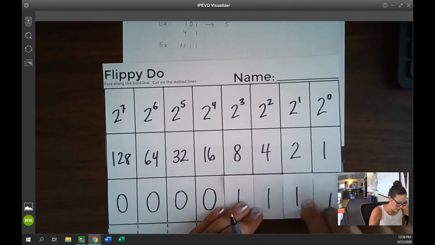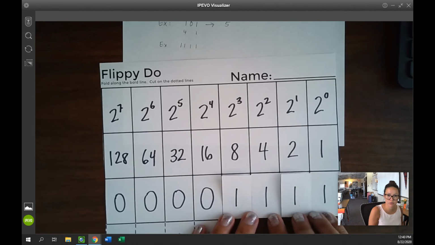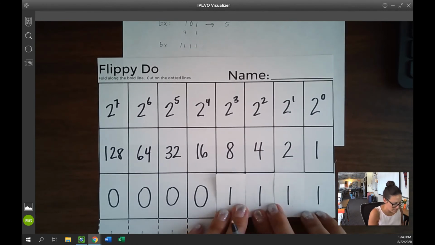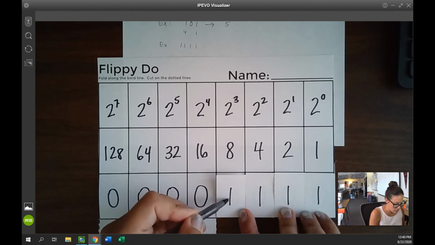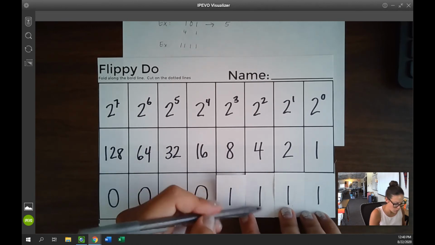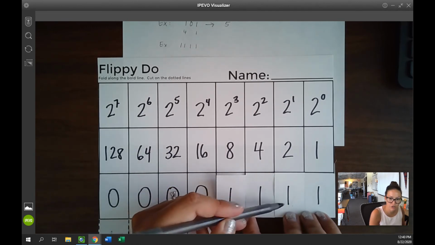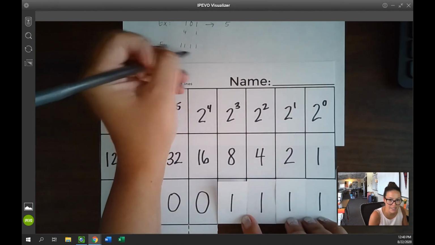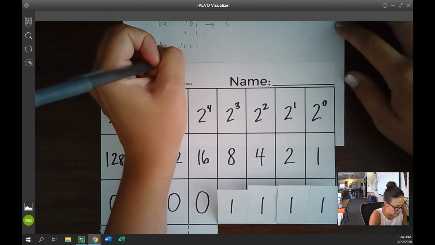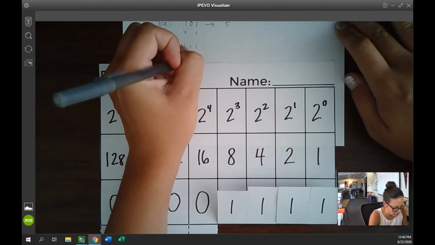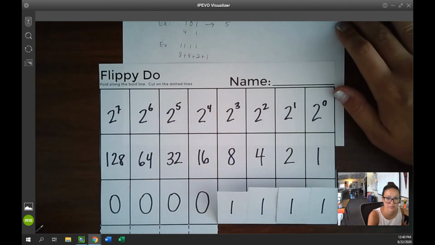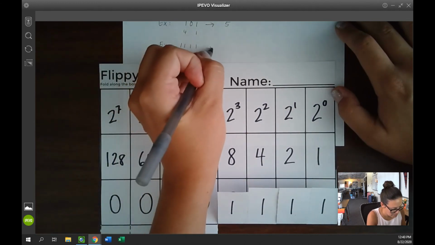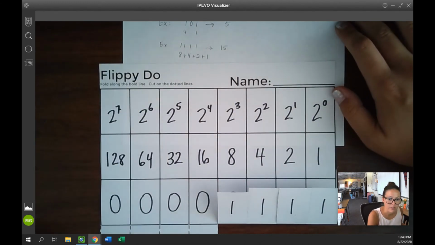Flip it up so that the last 4 spots are showing 1. What does this mean? This means that I have 1 eight, 1 four, 1 two, and 1 one. To figure out what this is in decimal, I'm going to do 8 plus 4 plus 2 plus 1, which is 15.